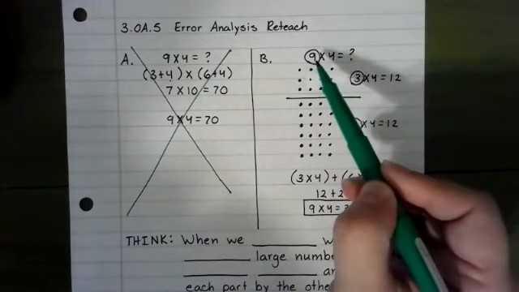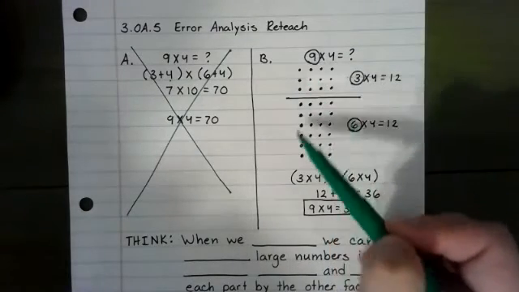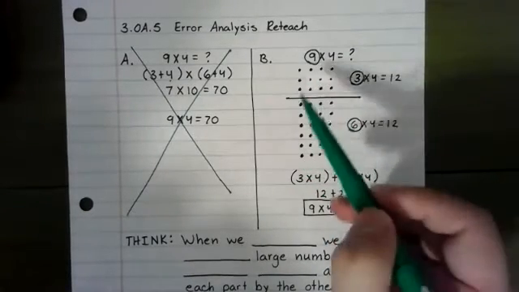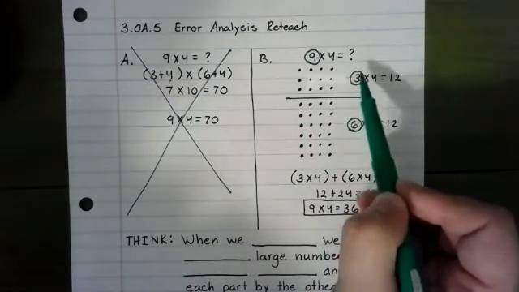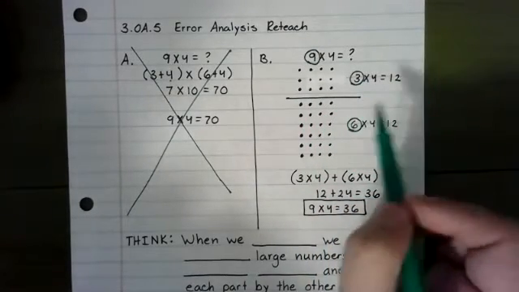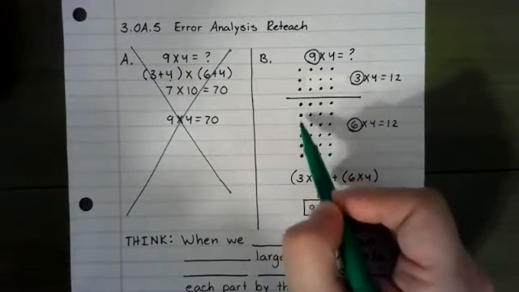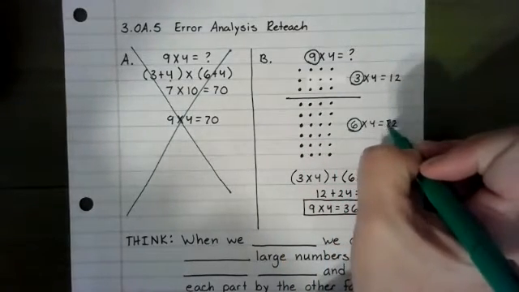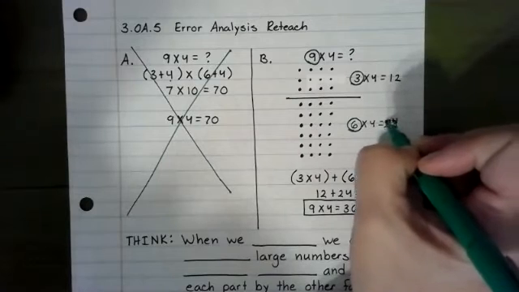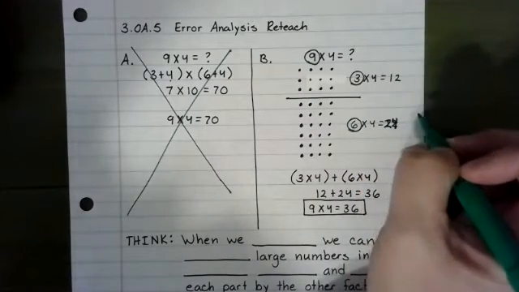So instead of having to do an array that showed 9 rows of 4, they did 2 arrays that showed 3 rows of 4. 3 times 4 is 12. And then another array showing 6 times 4, which is 24. I'm sorry, student B should have had 24 here.